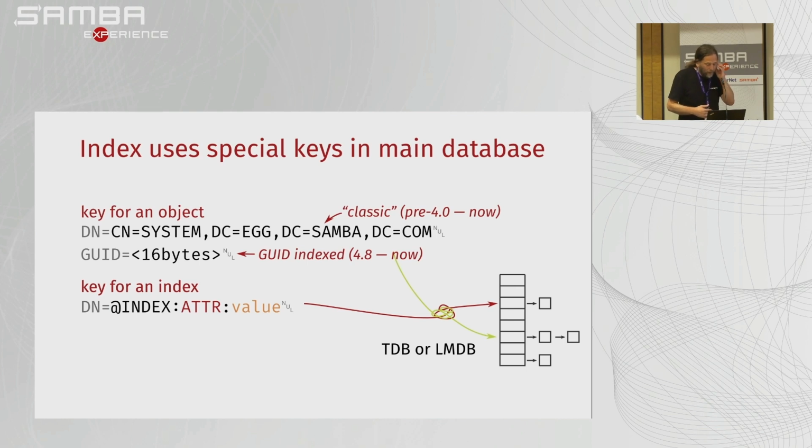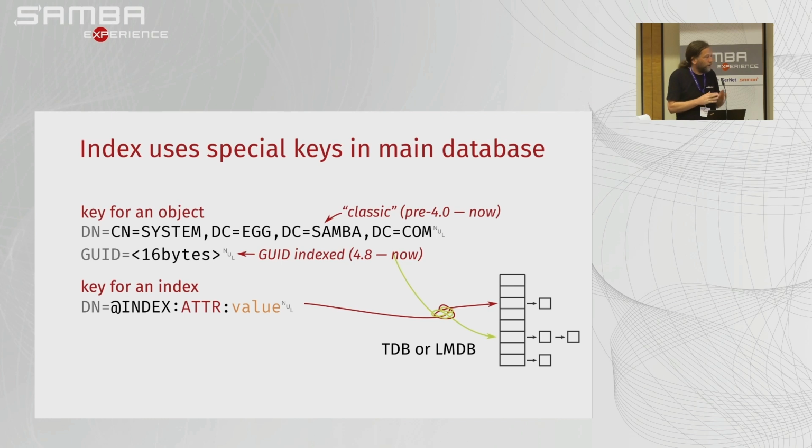And then since 4.8, Samba's actually used a new mode of index called a GUID index, which is faster for all kinds of things, but the old kind is still supported because SSSD, and if there's anything else that uses LDB, might use the old way.